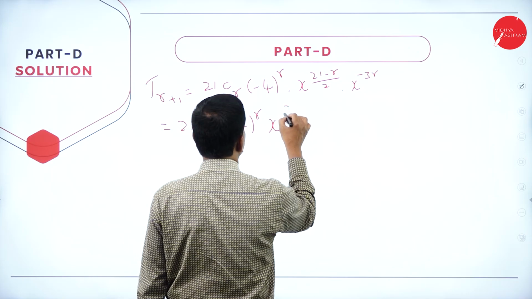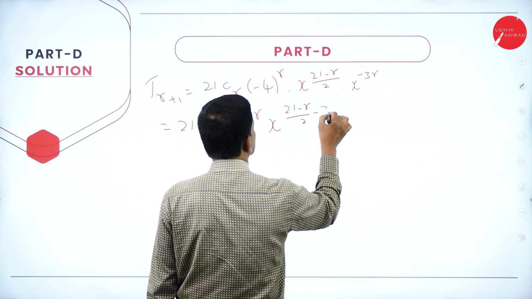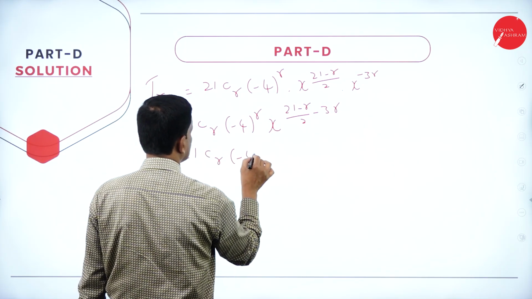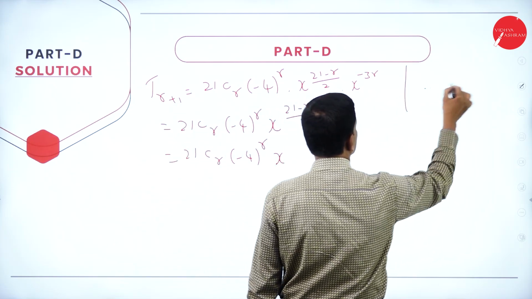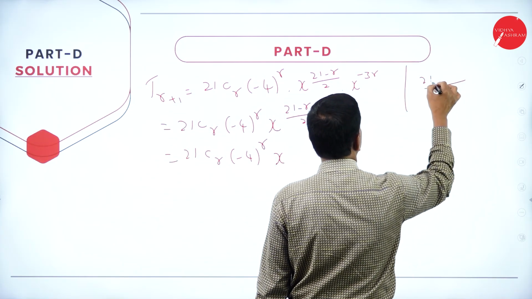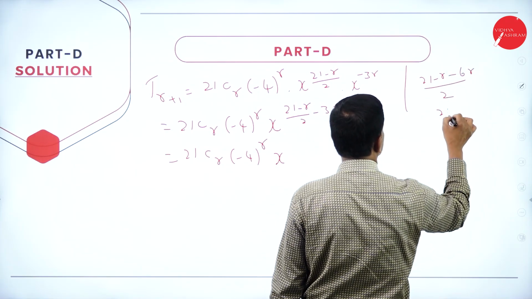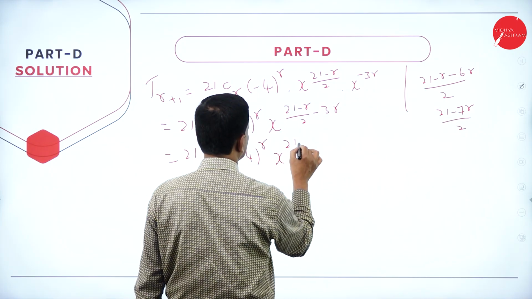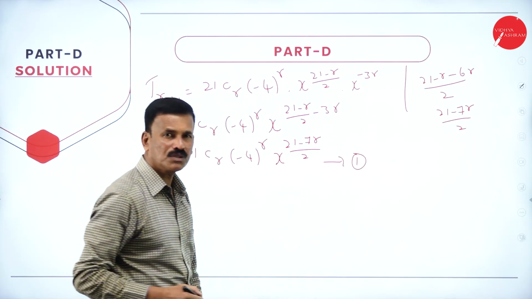This is x to the power of 21 minus r by 2 minus 3r. This is 21 C r minus 4 to the power of r into x to the power of, take LCM, 2 is the LCM, 21 minus r minus 6r, 21 minus 7r divided by 2. Let us represent this as equation number 1.